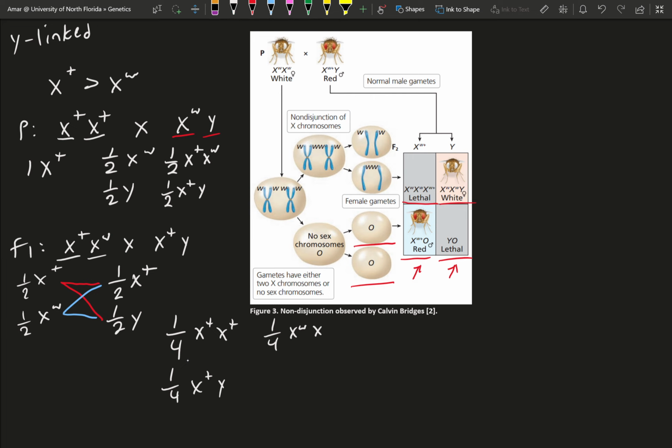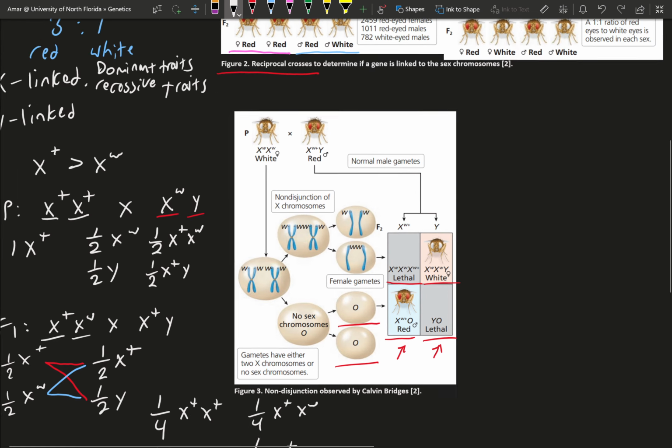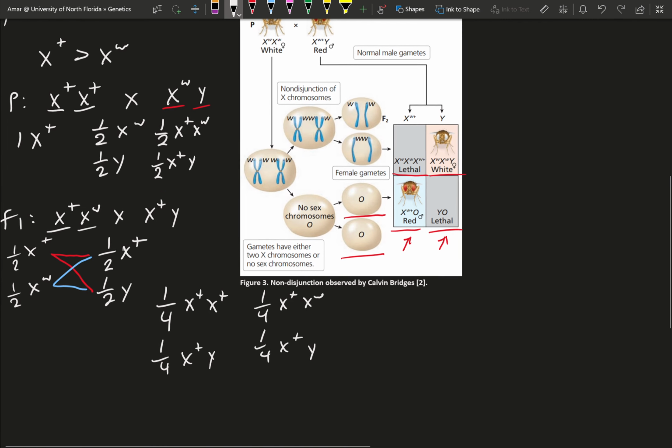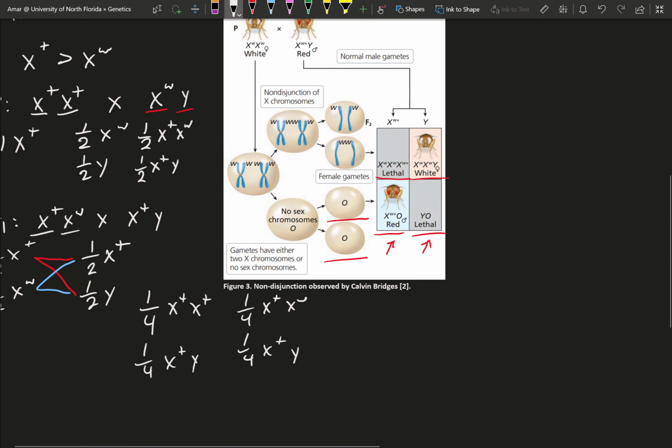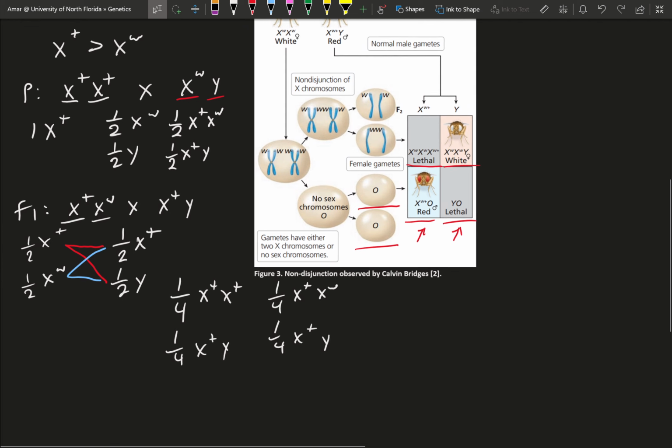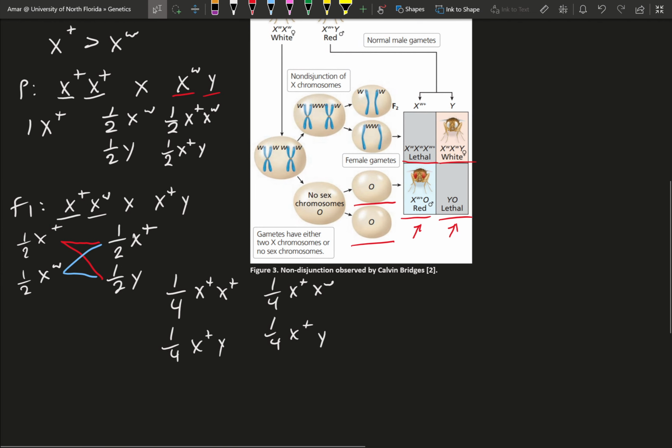So basically X plus X little w. And then 1/4 chance to get X little w Y. So basically what you're getting over here now, oh, my bad, this is supposed to be a little w.